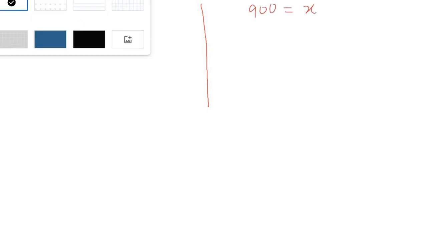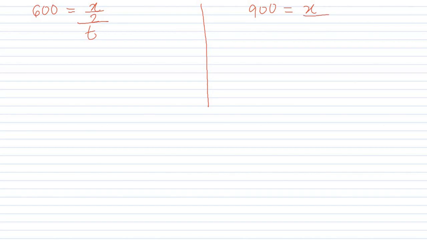We know that one side is 600 equals x over 2 over t, since it's 1/2 x over t. And on the other side, we have 900 equals x over 2 over t. So now we're going to try to make t the subject of the formula. So we're going to try and isolate t.